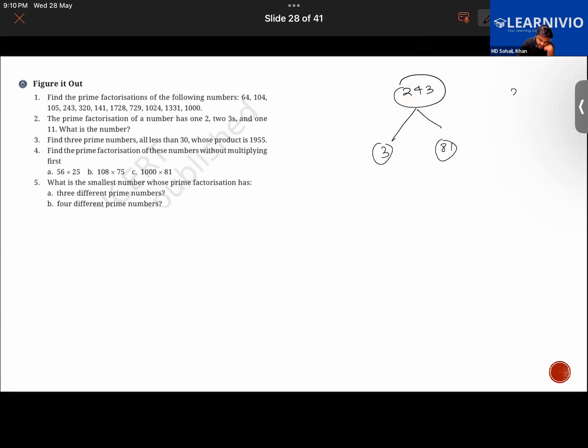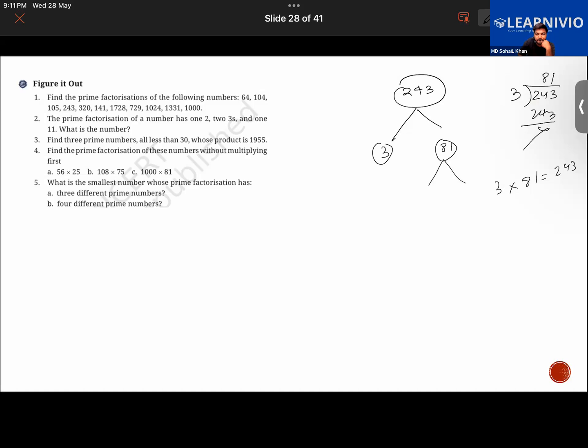So when I divide it, I find that 243 divided by 3 gives 81. So 3 multiplied by 81 will give us 243, because when it is multiplied by the same number by which it was divided, I get the same dividend. Now 81 can be further written as, quickly tell me, 9 times 9.